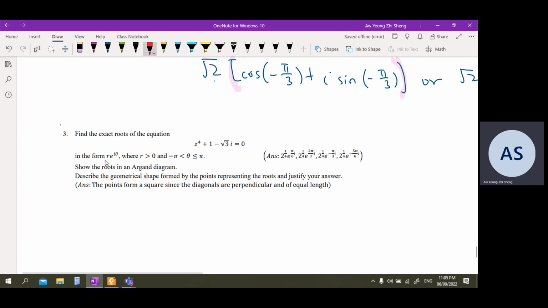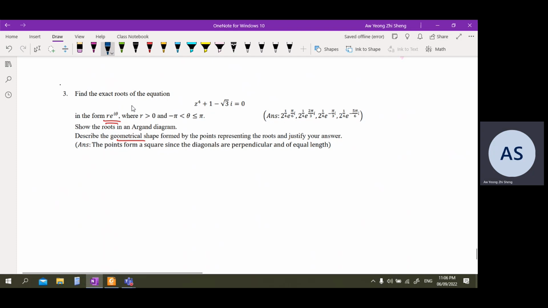They want your answer in exponential form, where r is more than 0 and theta in the principal range. These are just default requirements. Show the roots in an Argand diagram. Then next, describe the geometrical shape formed by the points representing the roots and justify your answer. We'll first find the four roots, then only we'll plot the 4 points on the Argand diagram, then only we describe the shape.